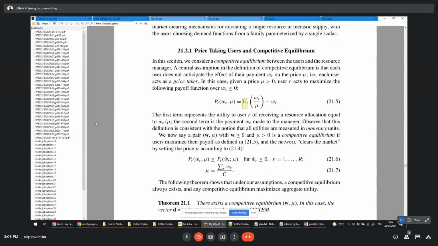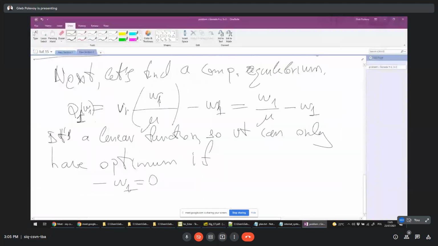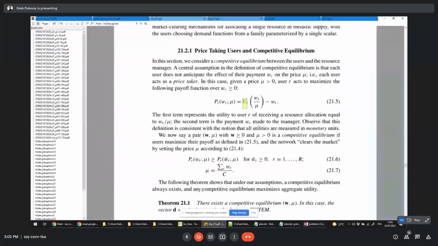Actually, it can never be an equilibrium at 0. Let me think. If both are 0, it means that the utility of course is 0.